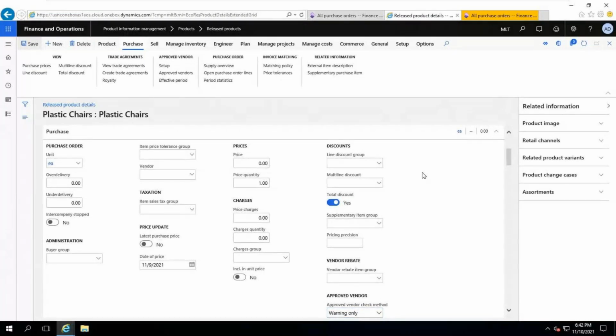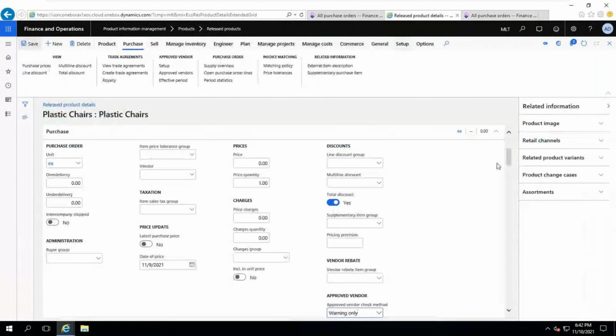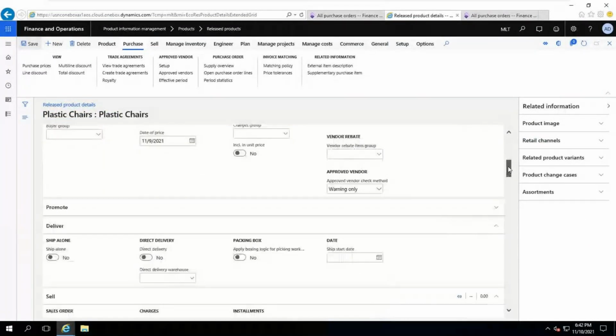That is warning only. Understood? Any question here? Of course, this is a T&L topic, but we should know. No check means I would like to purchase from all vendors. Not allowed means I would like to purchase from authorized vendors only.